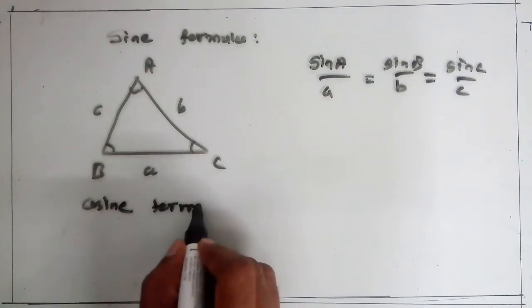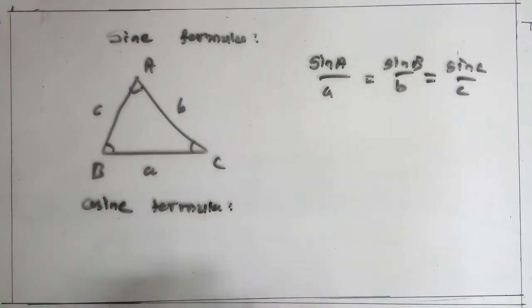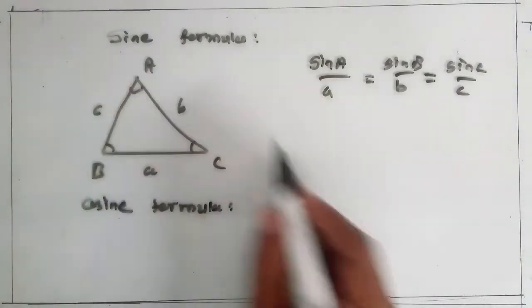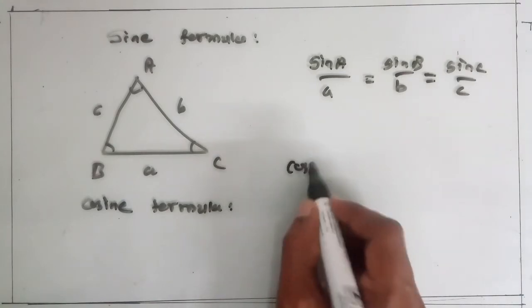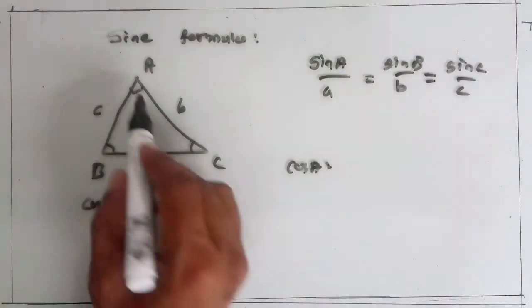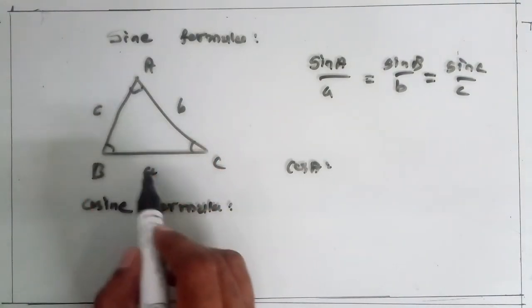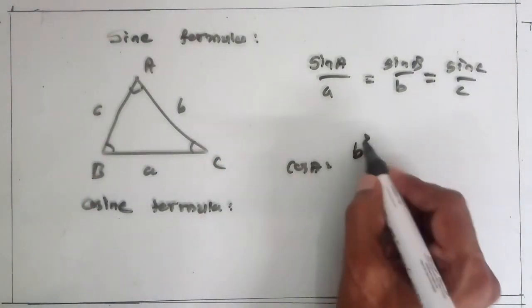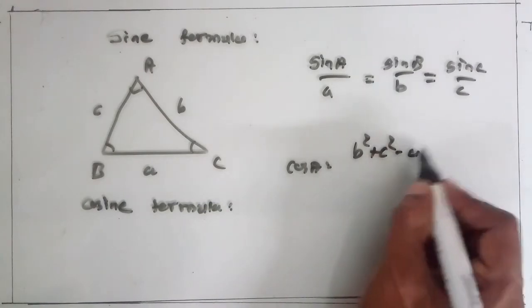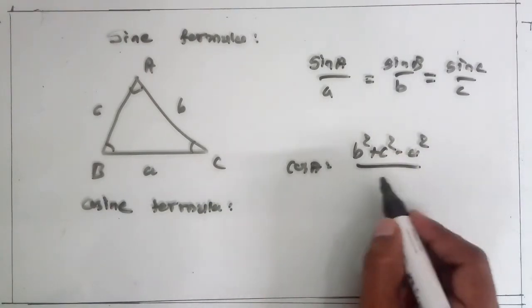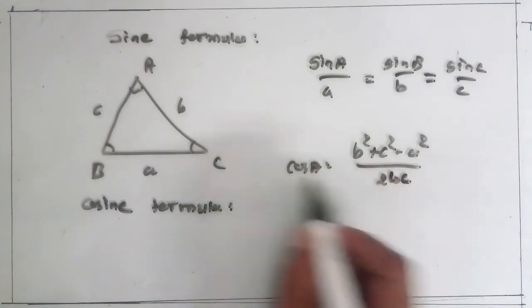Now, the cosine formula or cosine rules. Cos A, remember this, cos A is equal to b square plus c square minus a square upon 2bc. Clear?